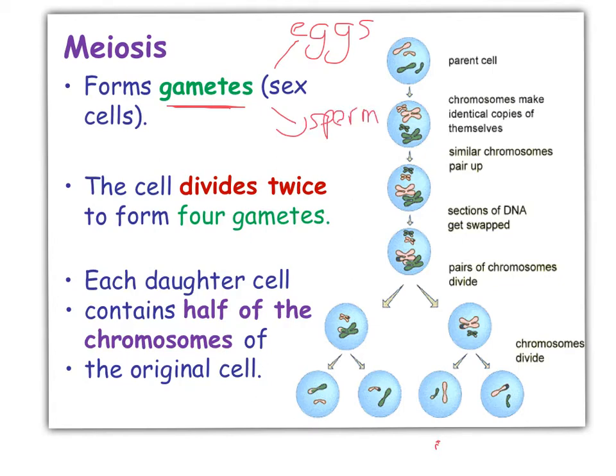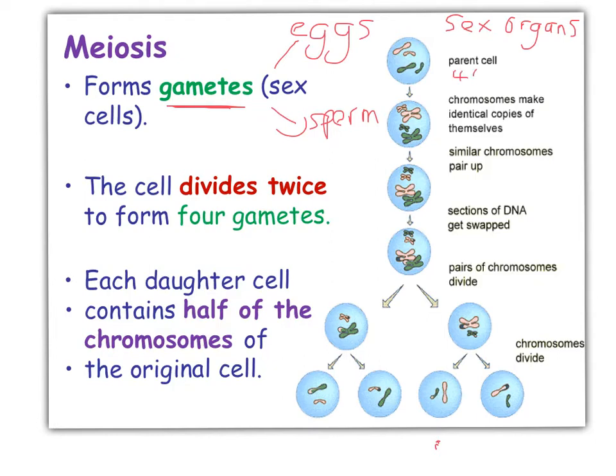Okay, so if we start with the parent cell, meiosis takes place in the sex organs. And the parent cell is going to contain a diploid number of chromosomes.